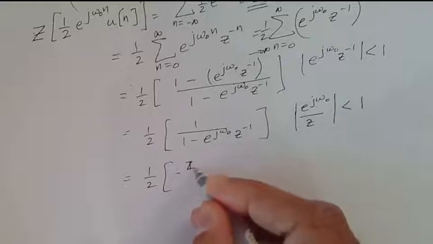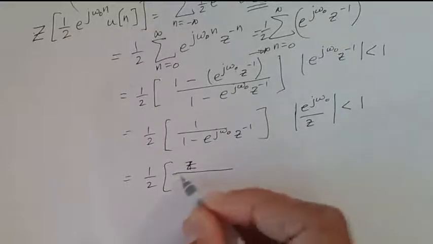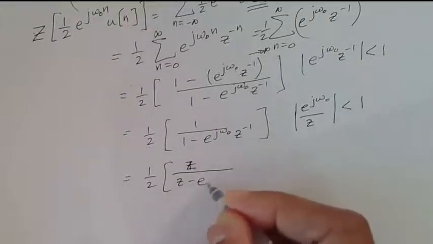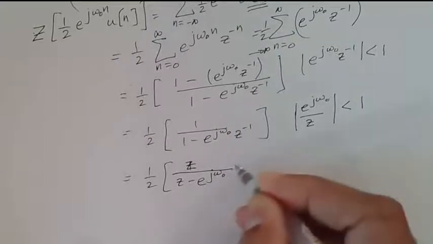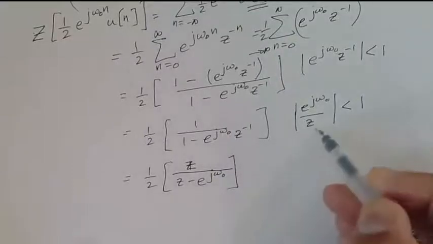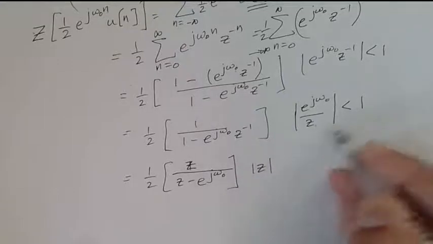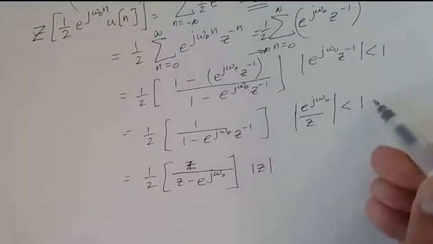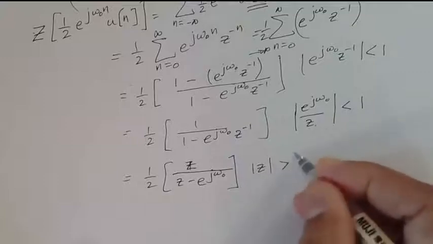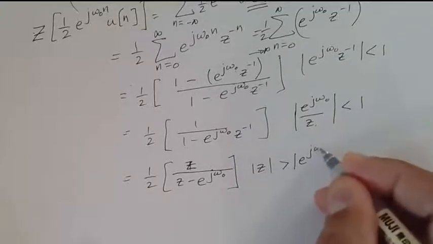So this will be z over z minus e to the j omega naught. And I have magnitude of z has to be, if I take this over to the other side, greater than the magnitude of e to the j omega naught.